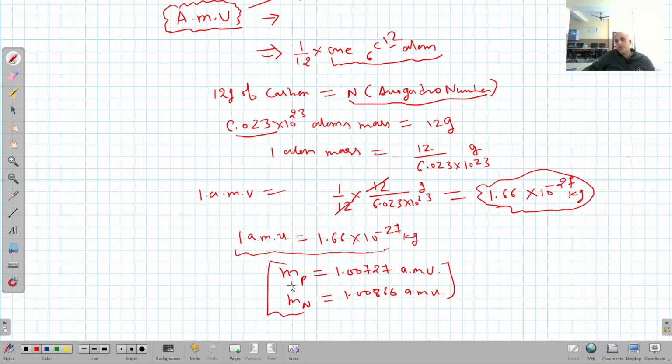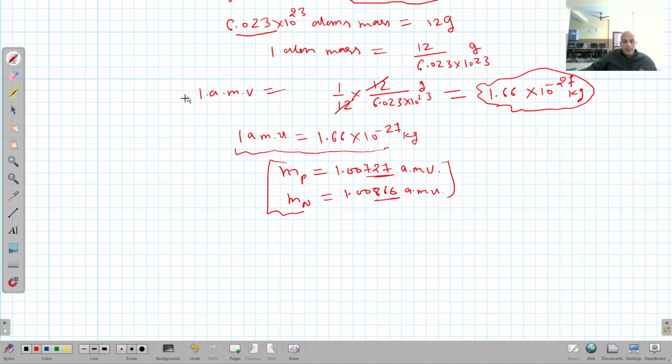Even we can write the mass of electron also. You can see there is a slight difference between the mass of neutron and proton. They are nearly equal, but the mass of neutron is more than the mass of proton. So this is the unit for the measurement of mass of the subatomic particles, because there the kilogram is a very large unit.